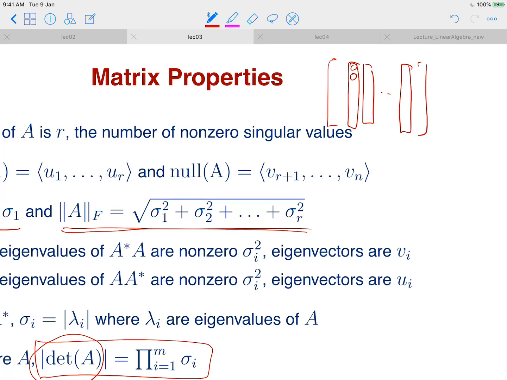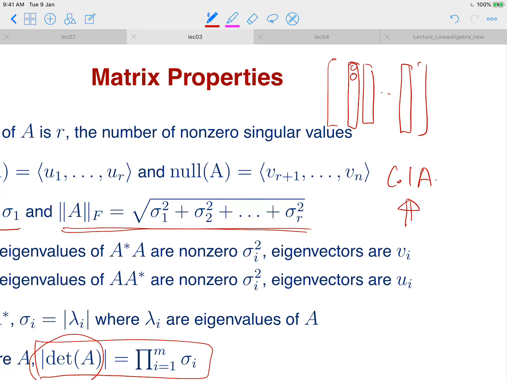And then let's imagine the column space of A. If we imagine their singular value decomposition, then our matrix U, which is the left singular matrix, will give you the orthonormal basis of this column space of A, right?